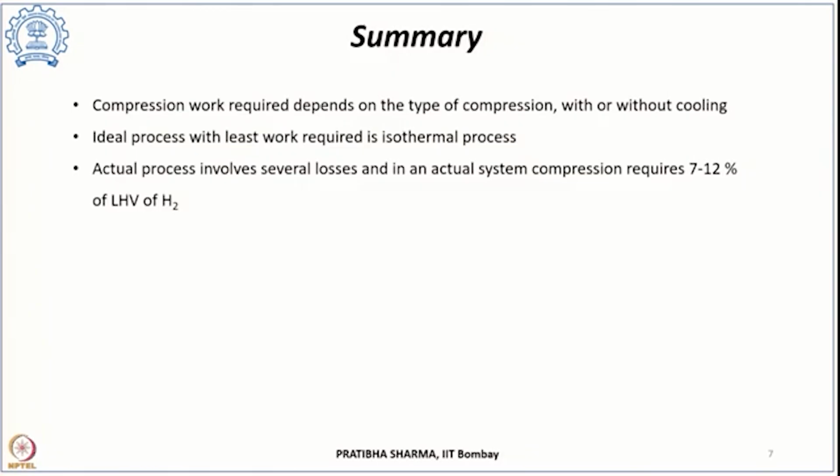In an actual system, there are several losses involved, and if we account for those losses, it is observed that the actual compression work requires 7 to 12% of the lower heating value of hydrogen, or 7 to 12% of the energy content of the stored hydrogen goes for compression.